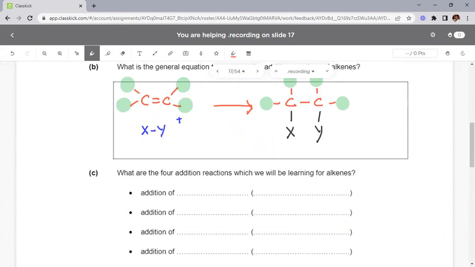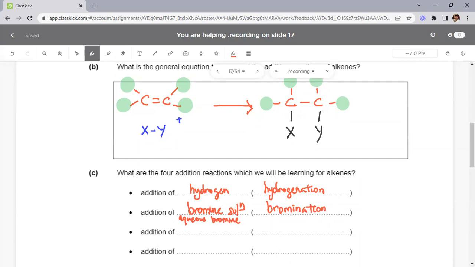First, addition of hydrogen to the alkene, which we call hydrogenation. We can also add bromine. Normally we add bromine solution, or aqueous bromine, and this reaction is called bromination.